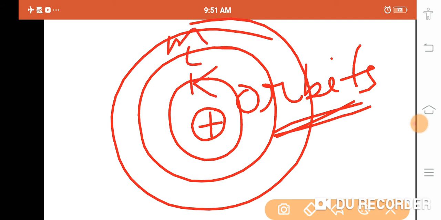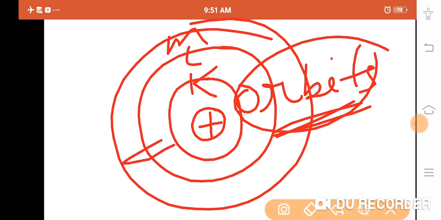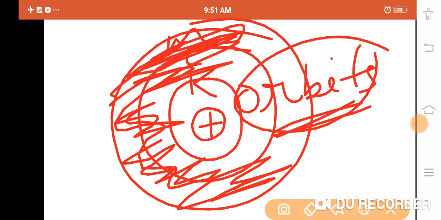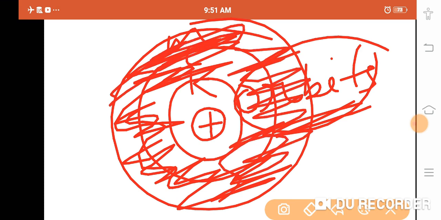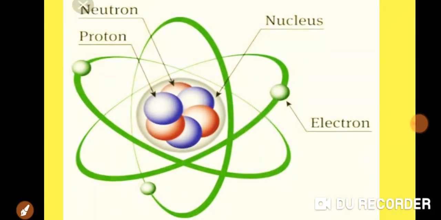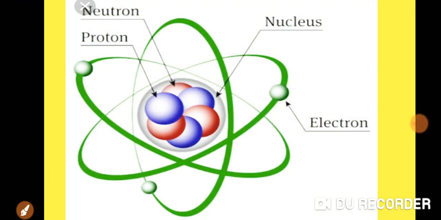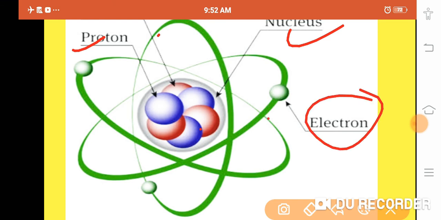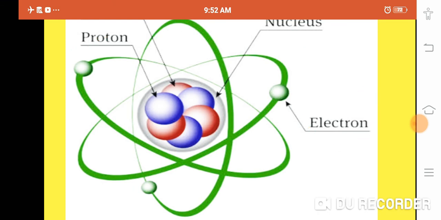For orbit you can say that it is the circular path around the nucleus in which electrons revolve. Now please see this picture. This is the nucleus which contains protons and neutrons, and electrons are revolving around the nucleus in different energy levels, that is said to be the orbit.